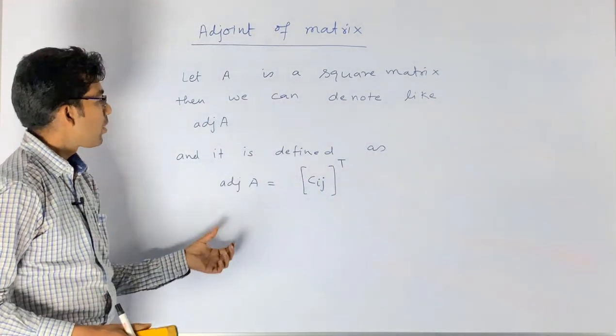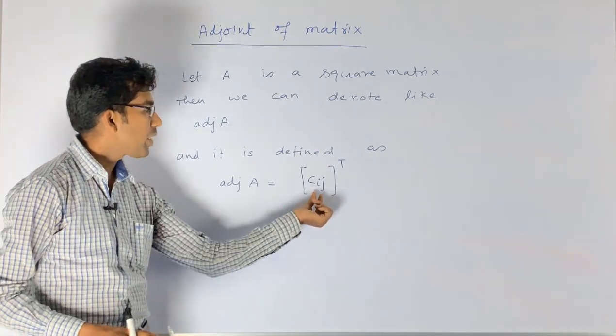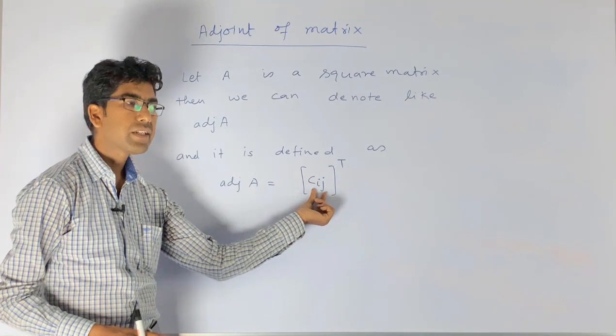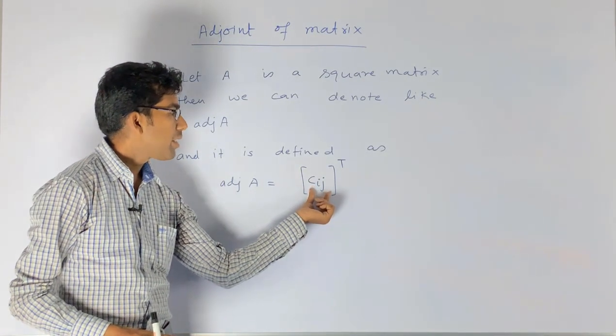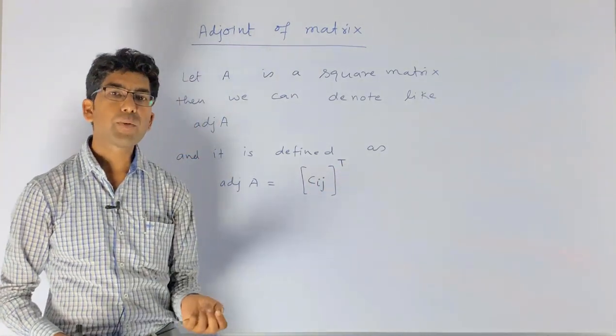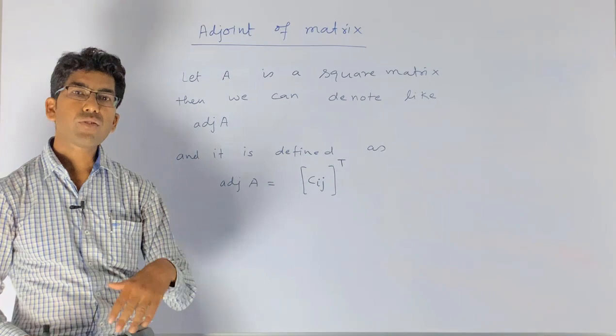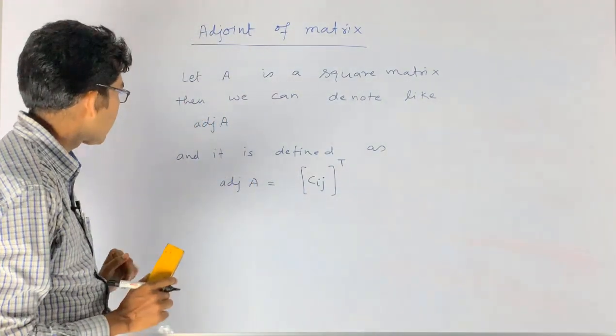So, for defining adjoint of a matrix, we have to calculate all the cofactors, put them into a matrix and take the transpose of that matrix, and the matrix obtained is called the adjoint of the matrix.